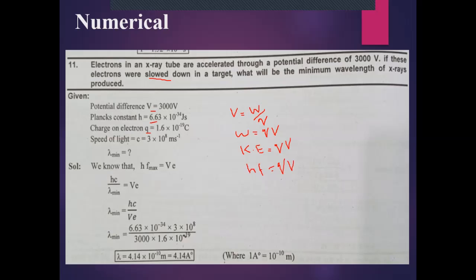As frequency f is equal to v over lambda, or c over lambda, by putting this value we get the relation hc over lambda minimum equals VE. We have to find the value of lambda minimum, so lambda minimum is equal to hc over VE. By putting in the above values, we get the answer 4.14 angstrom, or 10 raised to power minus 10 meter.